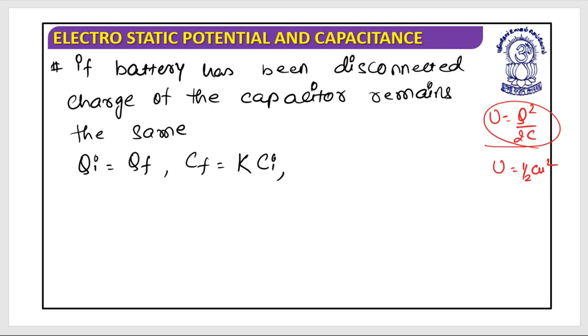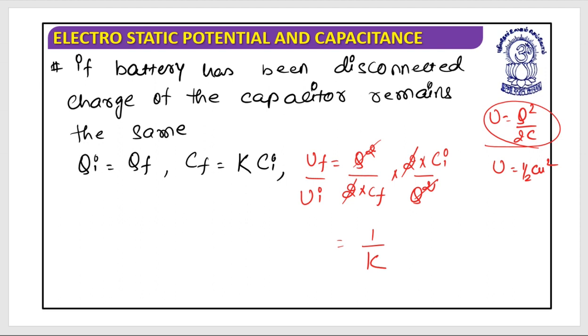That means the final energy is equal to Q square by 2 into C final. Initial energy would be equal to Q square by 2 into C initial. The 2 is gone, the charge is gone, and Ci by Cf is 1 by K. That's it. These are the answers.